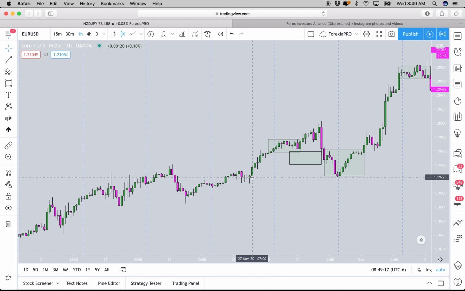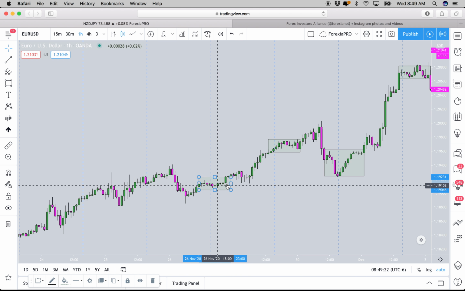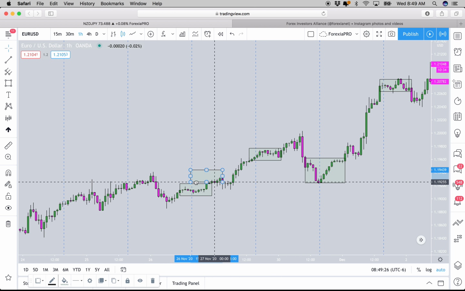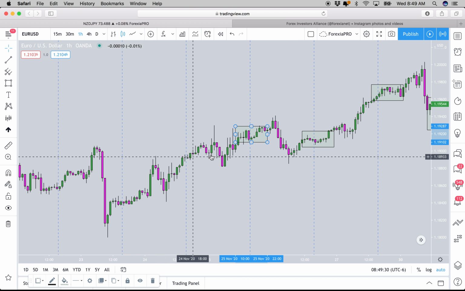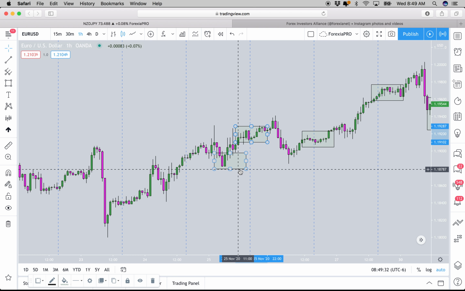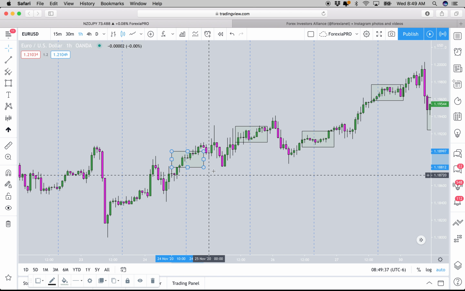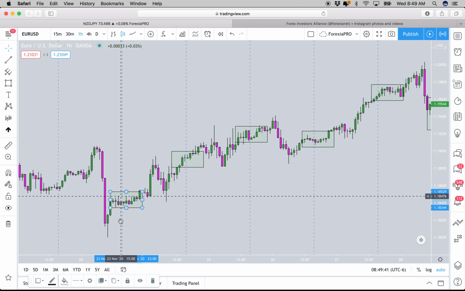Day after day after day, we've gone through how many days now? And we see the same pattern. It's the same pattern creeping out on us. It seems like there's always this consolidation phase where this blue line is.